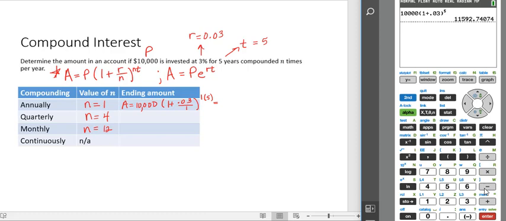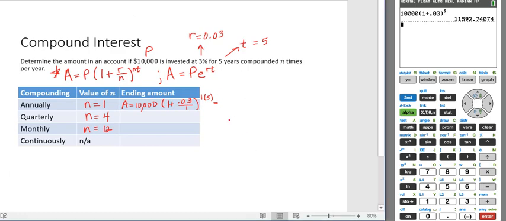And when we enter, we're going to round this to 2 decimal places to get 11,592.74.